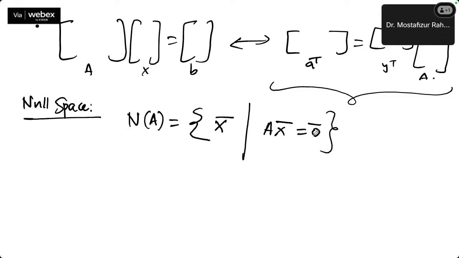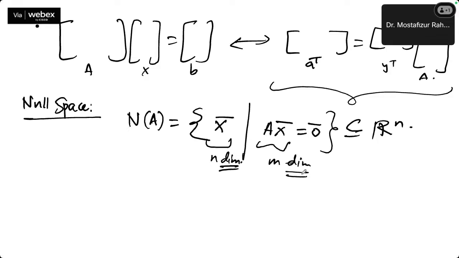So for all such X, AX equals 0, not B. You reach the zero vector, and that is a subset of Rn, because X is always in the n-dimensional space. And B or Y, that is AX, is always in the m-dimensional space. So this is in the m-dimensional space, and this is in the n-dimensional space.